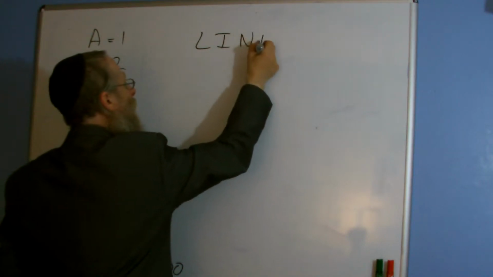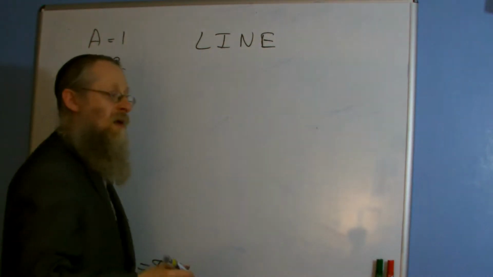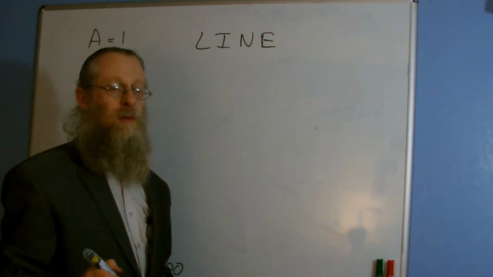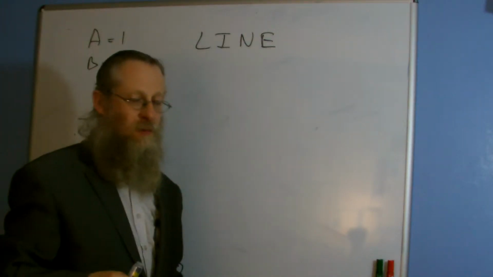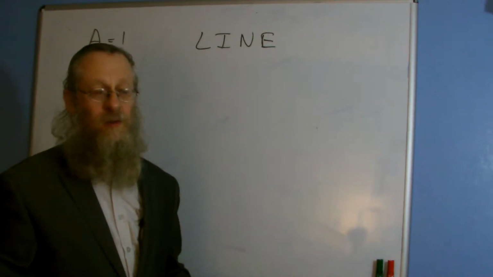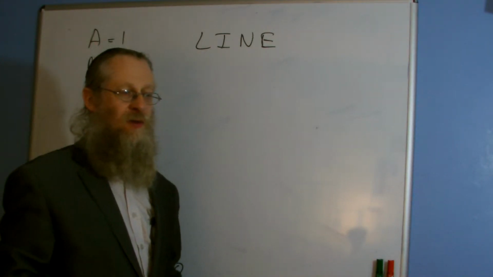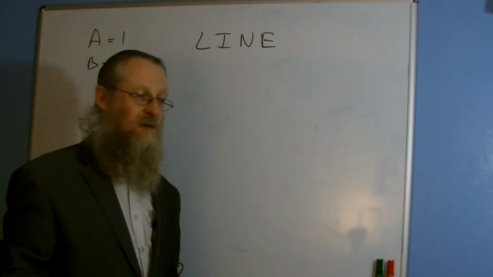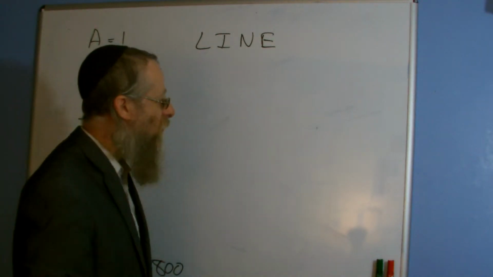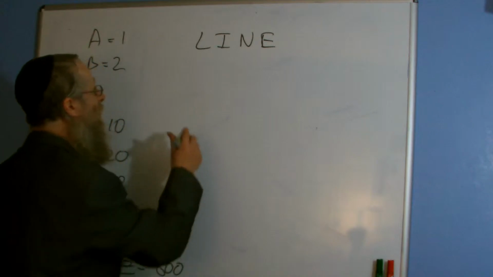Now, I mentioned the word kav in Hebrew, the line that goes around, well, since when does the line go around? We don't have a word in Hebrew for circumference, so it's called a line. But lines are straight. But we'll see, that's not quite right.